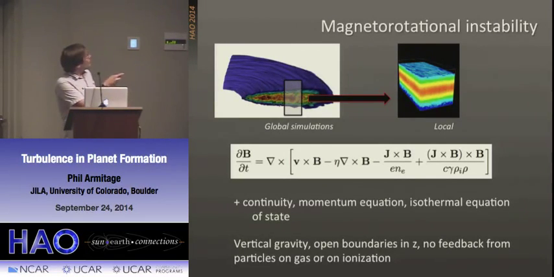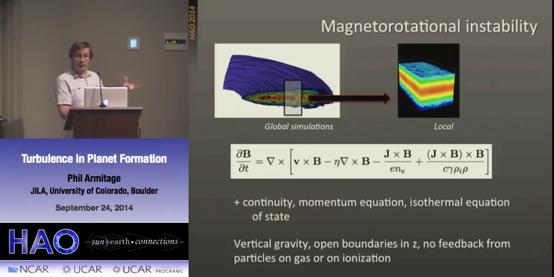So we solve this induction equation, continuity and momentum, of course. The calculations I'm going to be showing are using an isothermal equation of state, which may be roughly appropriate, because these disks are dominantly heated by stellar irradiation. So they're being heated from the top and the bottom, and so their mean vertical thermal structure is going to be close to isothermal. Obviously, we don't consider any radial entropy gradients.